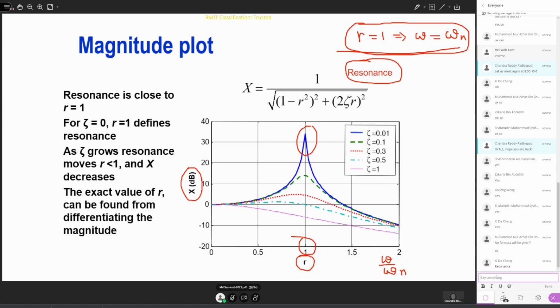So when the question asks what the resonance frequency is, you will be wondering what equation you need to use, but simply your natural frequency is equal to the resonance frequency. When the excitation frequency equals the natural frequency, the resonance condition takes place. During resonance, the amplification, the magnitude of the vibration, becomes maximum.